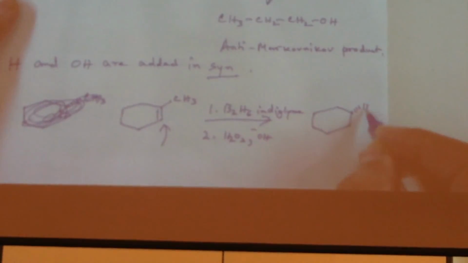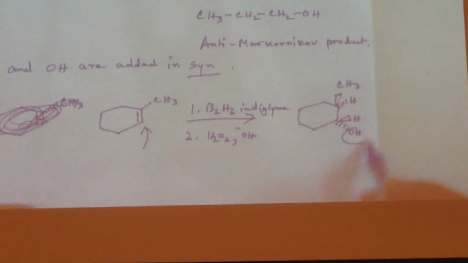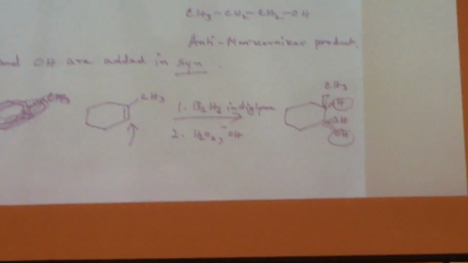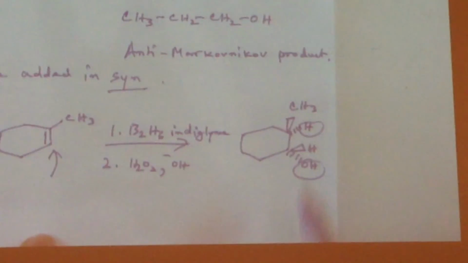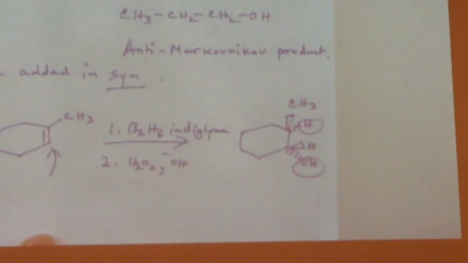So you form the H, OH added system, and they're coming from the same place. And so they will have a very distinct stereochemistry involved in there. In other words, in this case, the OH and the methyl group would be on the opposite side. Their relationship would be trans.